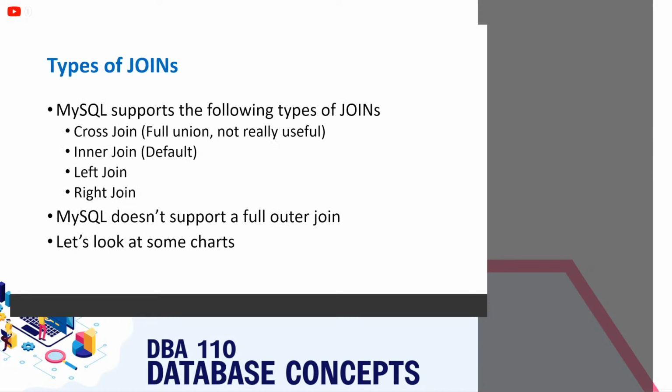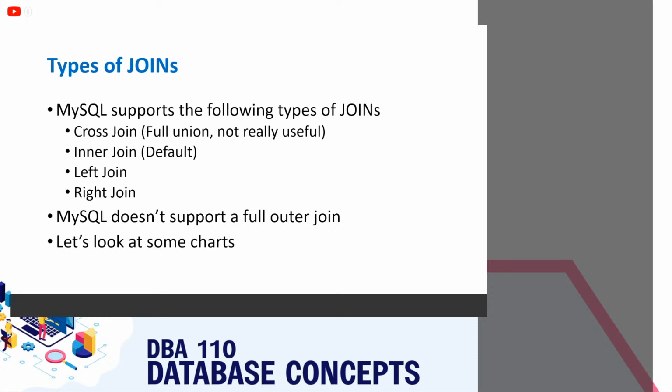Now, there are different types of joins that we can use in MySQL. MySQL supports a cross join, which is a full union. We'll see some examples of that in just a bit. A cross join is not really useful for most applications, right?